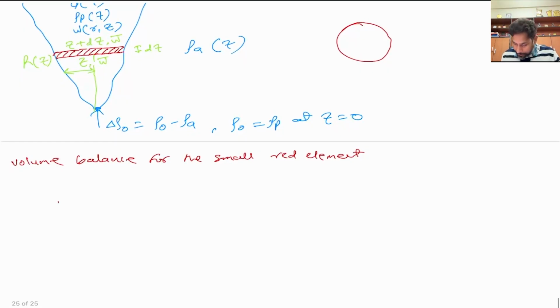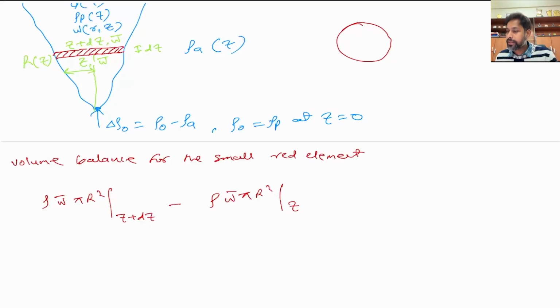So that should be w bar, we'll assume that is the average velocity, w bar times pi r square times rho, calculated at z plus dz, minus rho w bar pi r square, which is calculated at z.